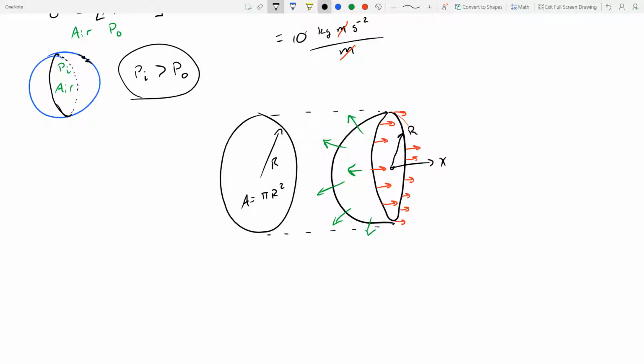So that means that the net force of the pressure will make this a big, bold line. The net force caused by the pressure difference between inside and outside of the bubble, we'll call this FP, right? FP is equal to (Pi minus Po) times pi r squared.